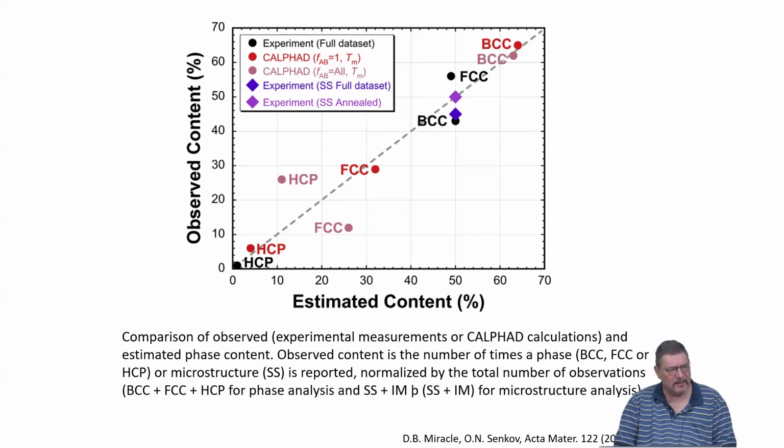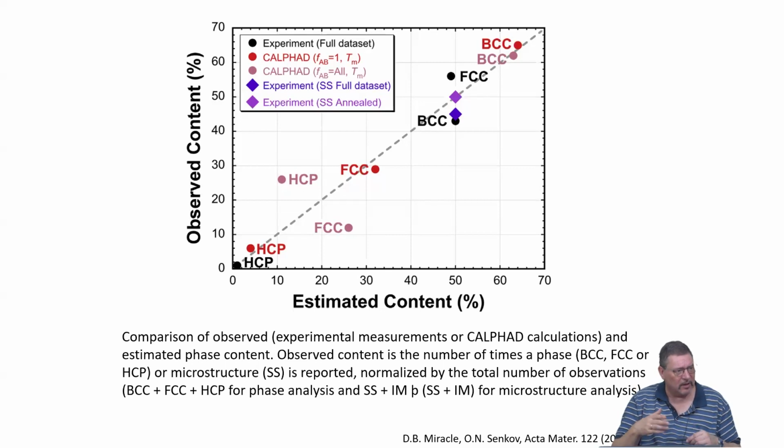And basically that means the fraction of data sets of the binary A-B systems which make up your 5-component system that have been assessed. So if all the 5 binaries have been really thermodynamically assessed, meaning completely calculated by Calphad and confirmed that reality is the same as the Calphad calculation, then the FAB would be equal to 1. So the fraction is 1 means all of them have been assessed.